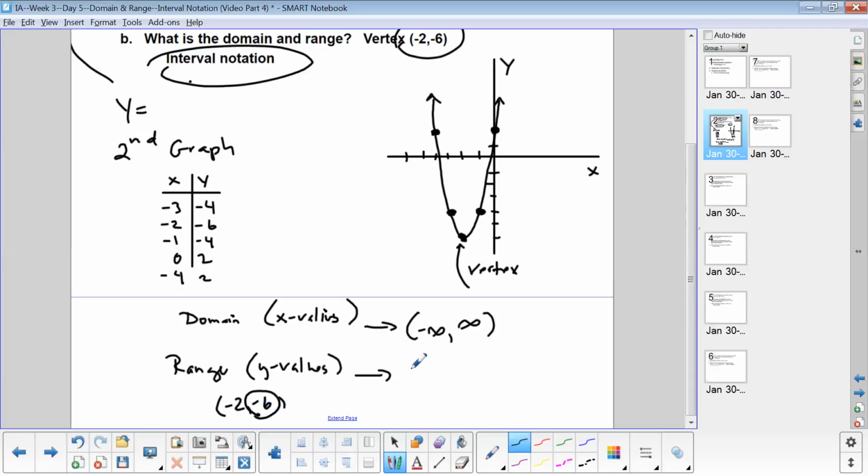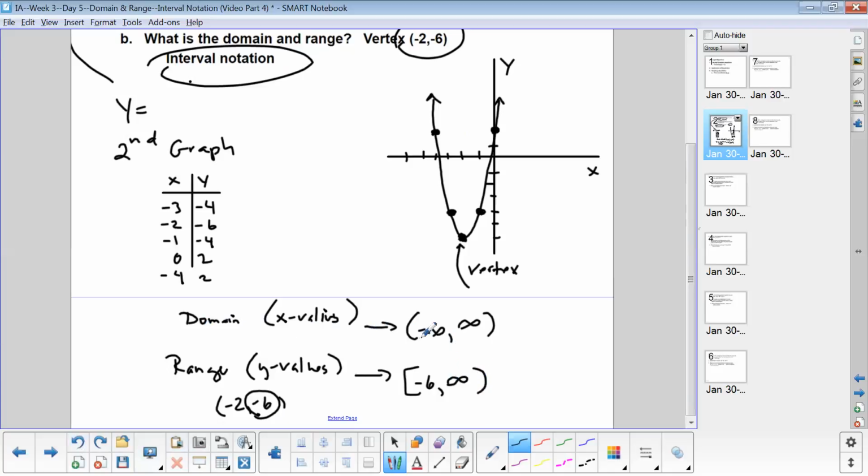So the minimum point would be -6, and I'll write that again. And we're going to use a bracket because we're including this value. And then I'm going to write to positive infinity.